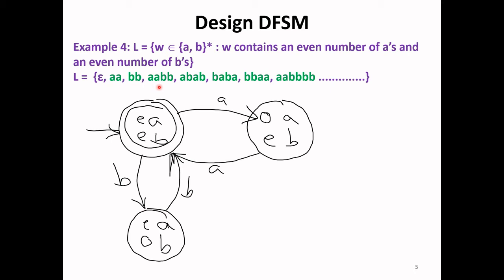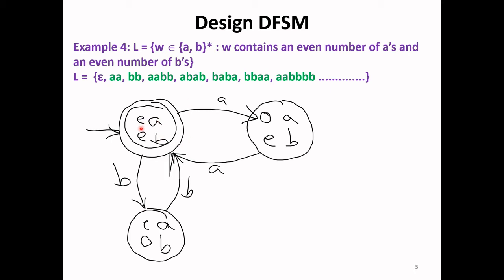Then go for 2 A's and 2 B's. 1A, 2A, 3B, 4B, reaching the final state. Now this was in sequence. If they are at different positions, then ABAB. So how will we design for this?